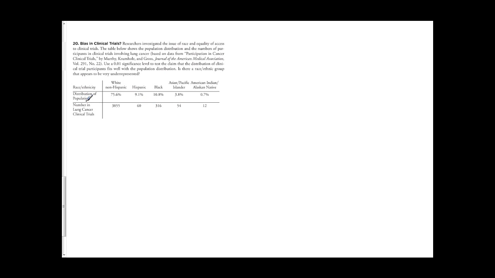And the distribution here, the middle row, is the distribution in the general population. So these are the percentages or proportions of each of these individual racial or ethnic groups in the general population. And on the bottom, we have the number of each one of these races or ethnicities that are represented in 4,297 clinical trials.